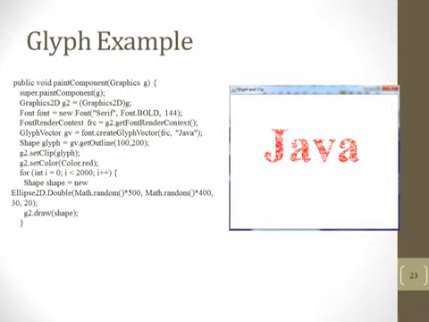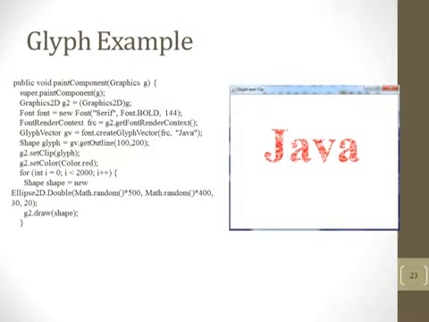The glyphs from the string Java are obtained from the font and font render context, and they are kept in a glyph vector variable. Then the glyph vector is converted to a shape, as we can see here, through the getOutline method.